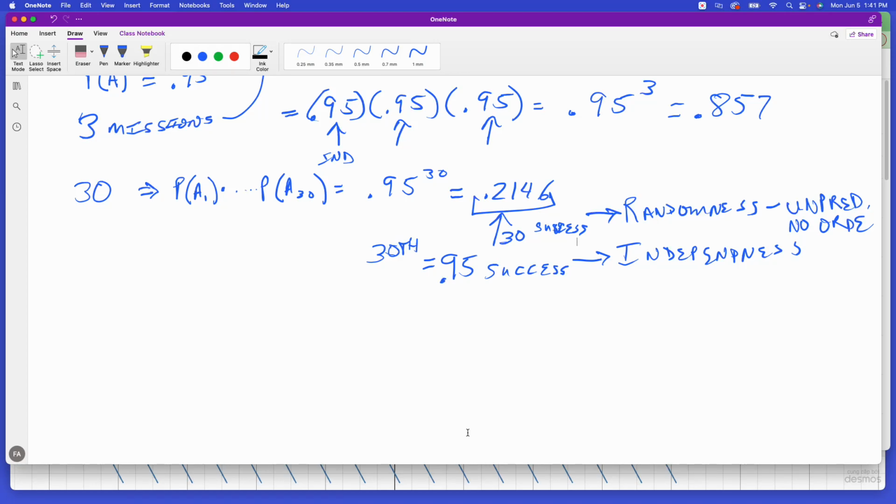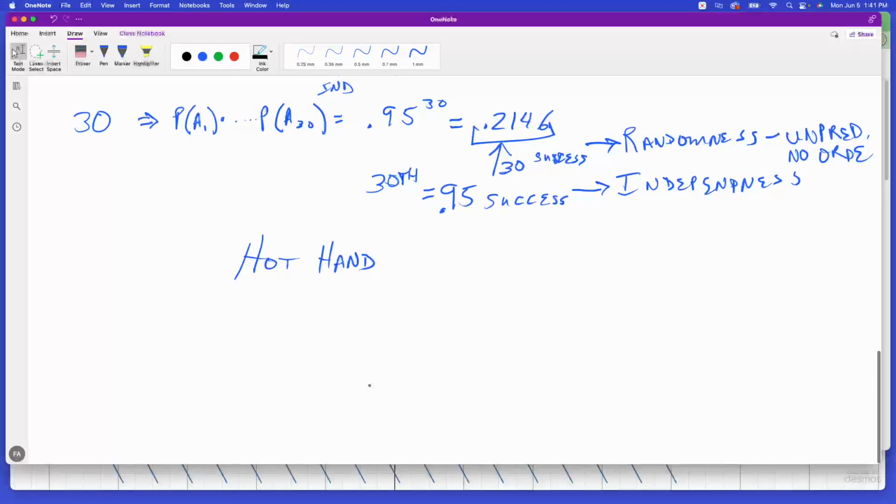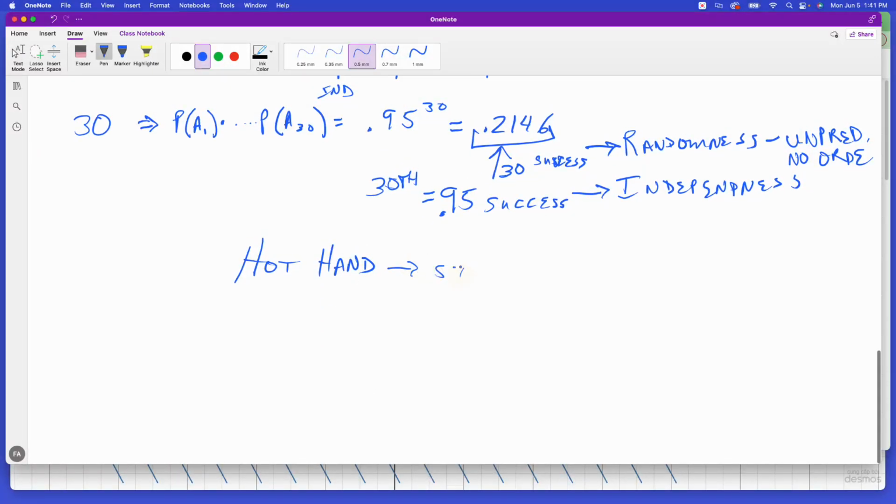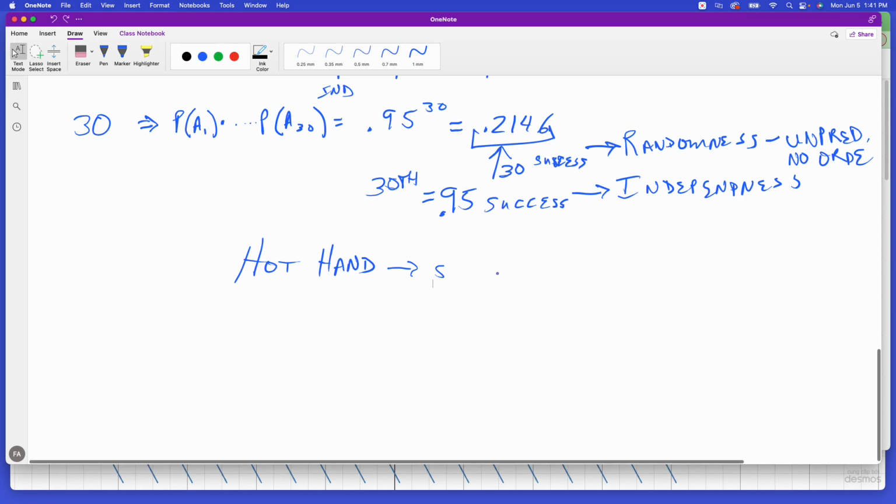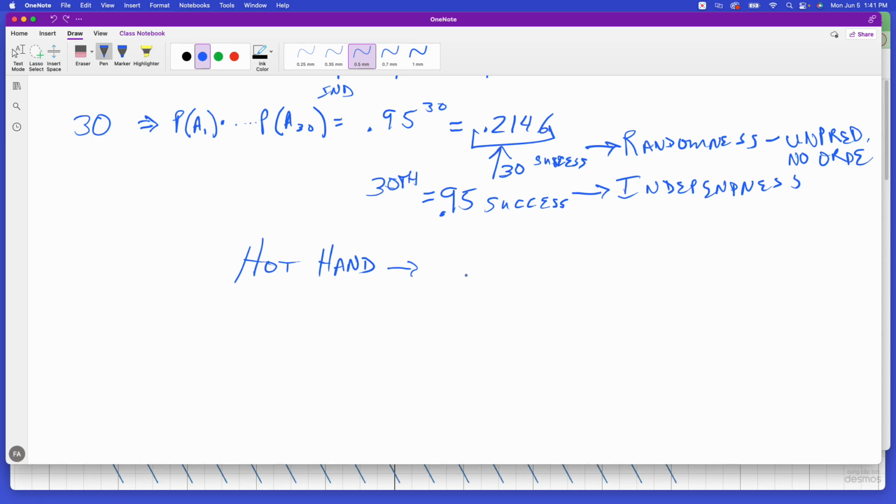In basketball, there's actually a phenomenon called hot hand. The idea behind hot hand, for those who are familiar with basketball, is that you have a player who gets on a streak of some sort. They make a lot of shots, they make the first shot, and all of a sudden they've made, say, 5 in a row.